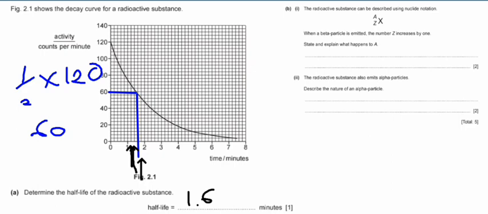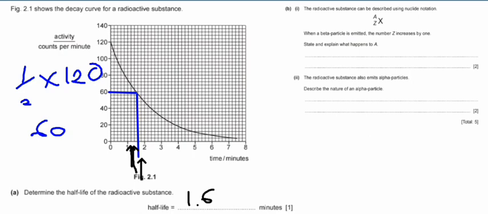When a beta particle is emitted, you need to think about the general equation for beta emission. So what usually happens in beta emission? The proton number will be increased by 1, the atomic number or the proton number. And the mass number is just going to remain the same.